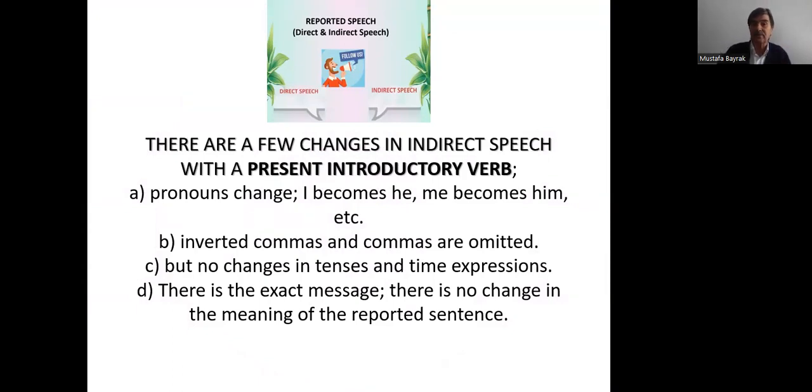Yes, we have seen it. We have just seen those changes, but no changes in tenses and time expressions with a present introductory verb. There is the exact message. There is no change in the meaning of the reported sentence.